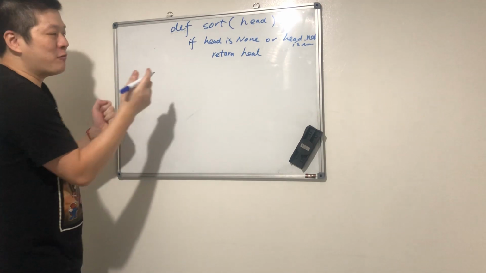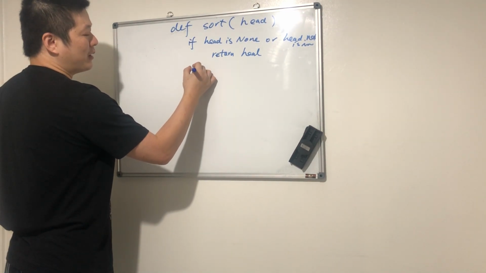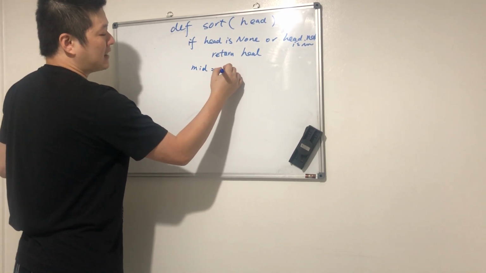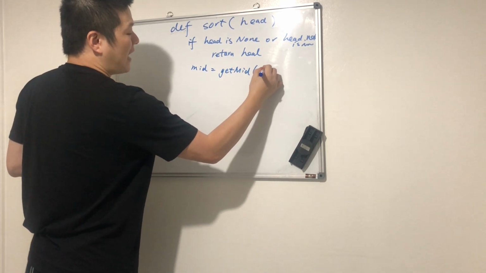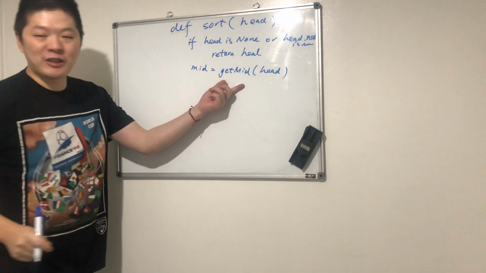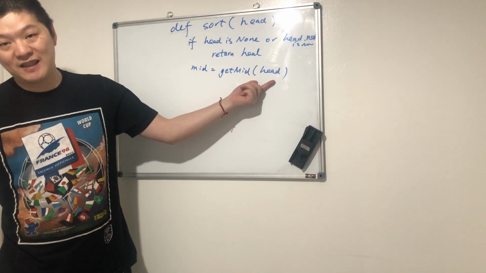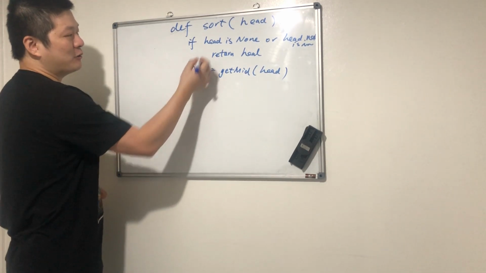Then now we need to get the middle of the list, right? So we get mid equals, let's say, get mid of head. But this function does not simply return the middle of it. It also disconnects it. We need to make sure of that. And then we have a mid, and we have head.